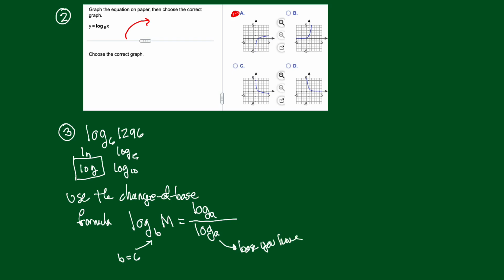Now we have 2 bases: a equals 10 or a equals e. We might as well just use 10. But here's what you do. You take the m, the number that you want, which in our case is 1296, and that goes in the numerator, and in the denominator you put b. That's the base that you want.